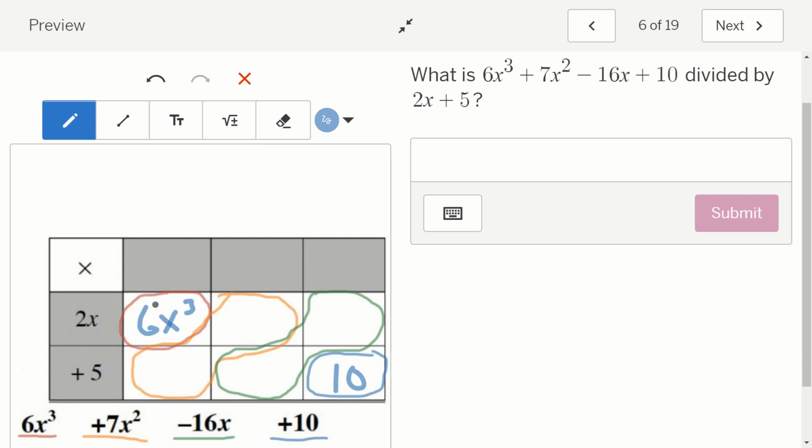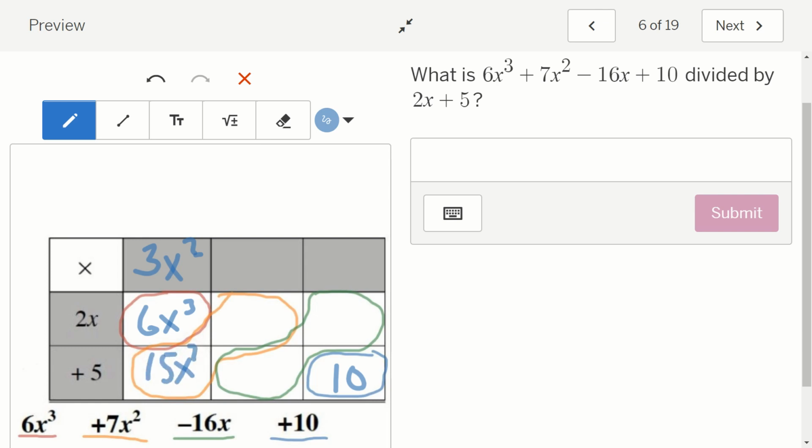Well, I know that this box here is 6x to the third, and I know that 2x is one of the factors. So what times 2x gives me 6x to the third? Well, that is 3x squared. Now that I know the 3x squared, I can find this box down here. This would be 15x squared.